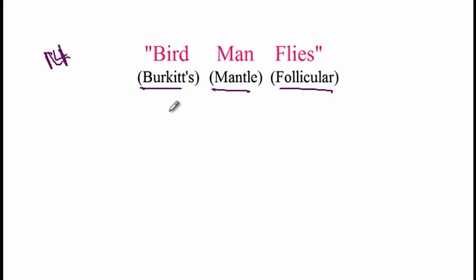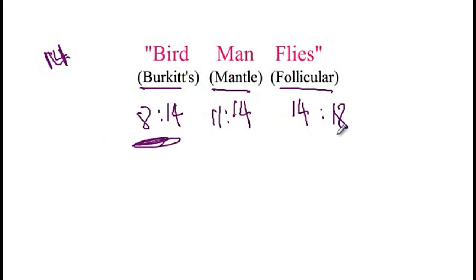So with all of these conditions, you will have chromosome 14 translocation. And then in the ascending order, we have 8, 11, and 18. So that's how I know the order that starts from the lower number goes to the higher number. So bird, man, flies. Burkitt lymphoma is associated with translocation 8 to 14. Mantle is associated with 11 to 14, and then follicular 14 to 18.